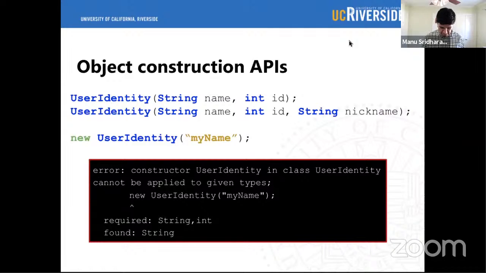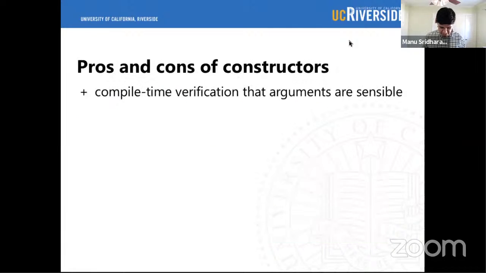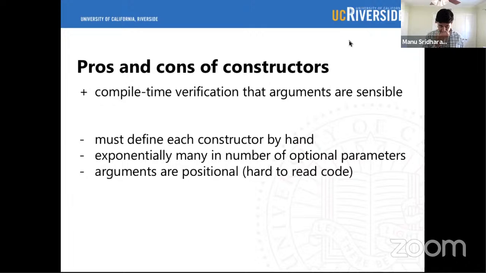So constructors are the standard way to build objects. And the pro here is that the compiler will do some verification that the arguments are sensible and will reject your code if you pass in the wrong types or the wrong number of arguments. But there's a bunch of negatives.